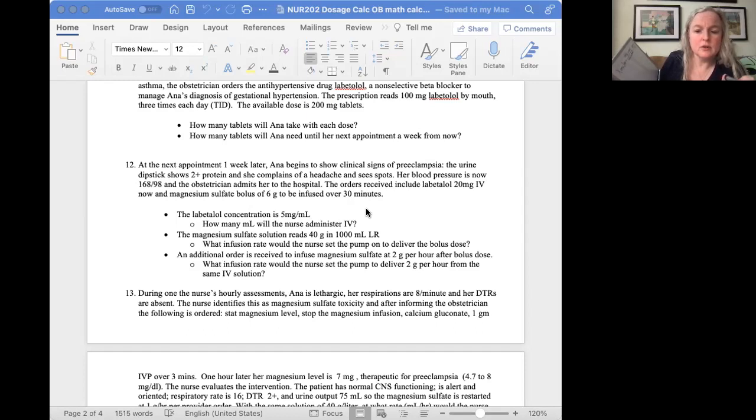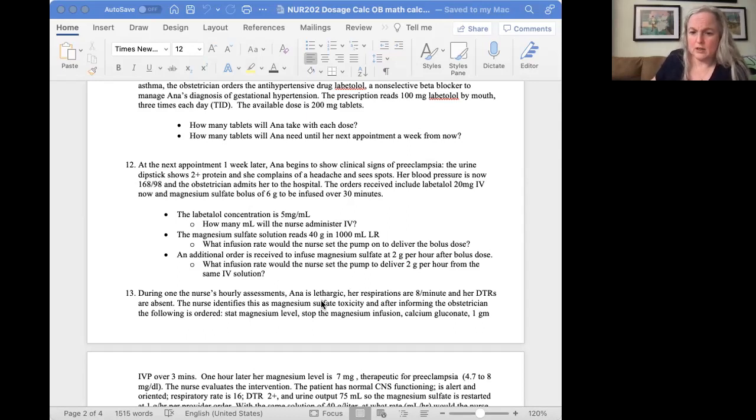Milliliters ordered over minutes ordered, 60 minutes in an hour, 150 milliliters over 30 minutes. Actually, we're going to do it differently because the bag is 40 grams and 1,000 mLs. So my mistake, I thought that it gave us a specific bag, and it didn't. So instead of using that formula, we're going to use a different one.